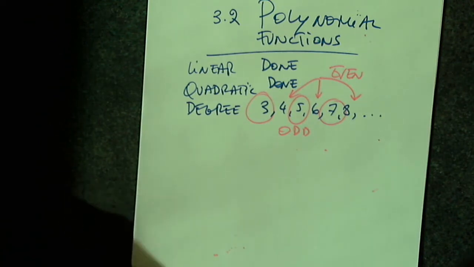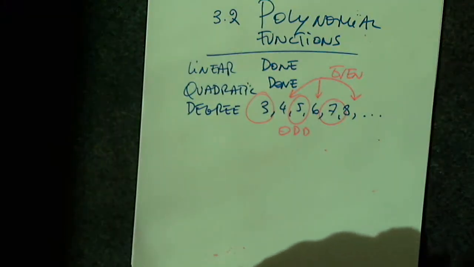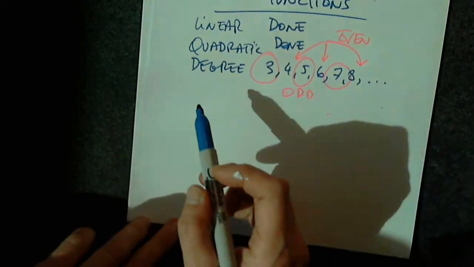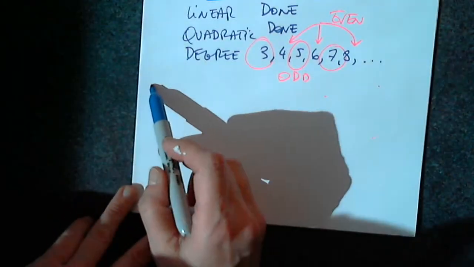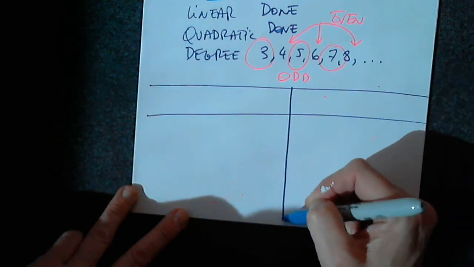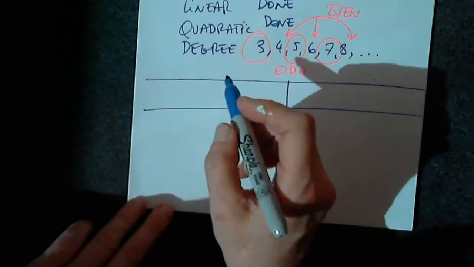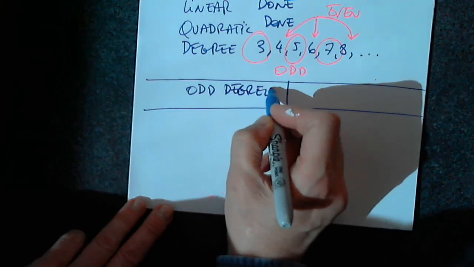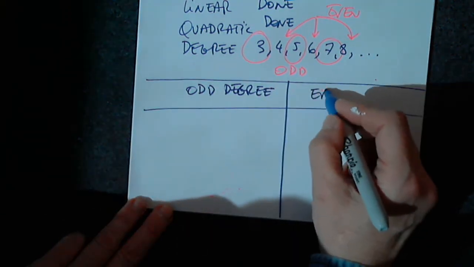So basically there are two categories. Let's start with the odd degree and then move on to the even degree, or vice versa, it doesn't matter. So I would like to create a table. On the left-hand side, odd degree. On the right-hand side, even degree.